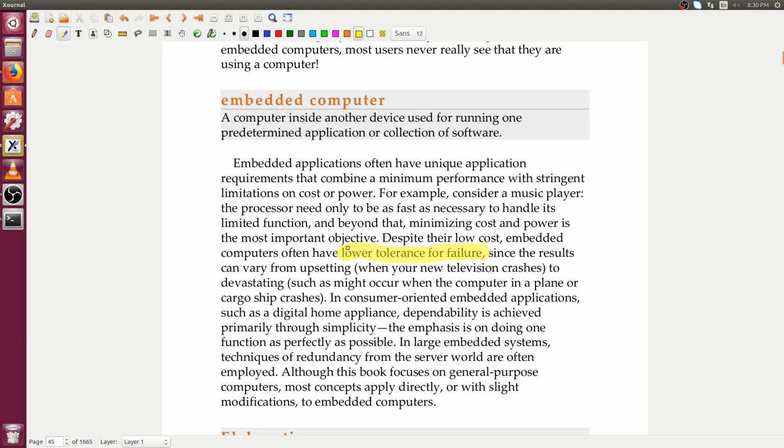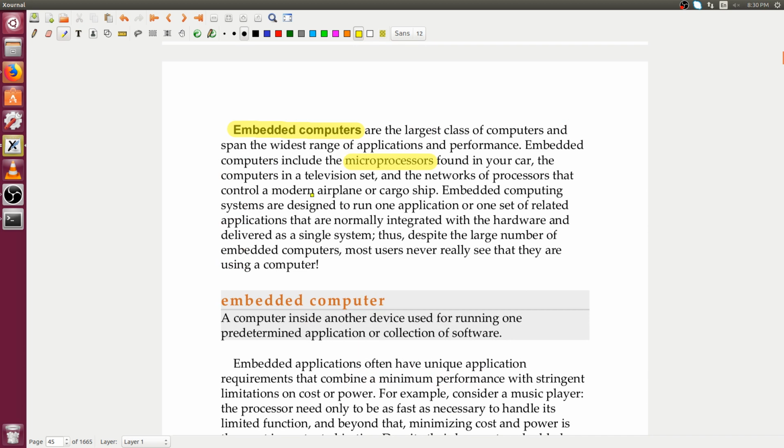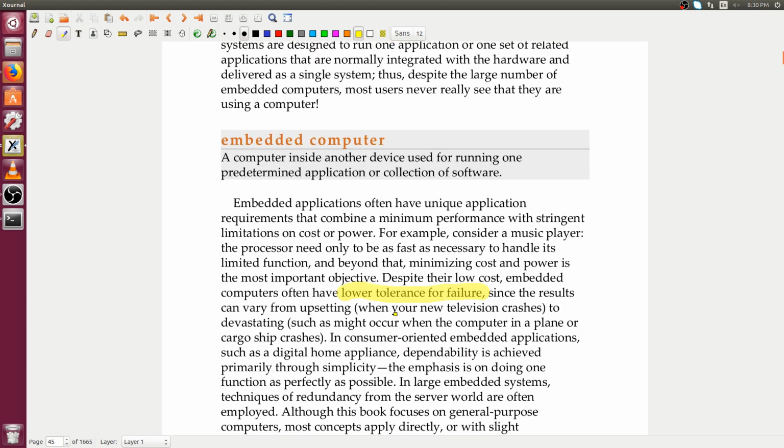We don't want that. We might lose some data. That's pretty bad. If a pacemaker messes up, that's a little bit worse. Someone's life hangs in the balance, or some medical equipment that uses embedded computers or little microprocessors. We don't want those messing up.